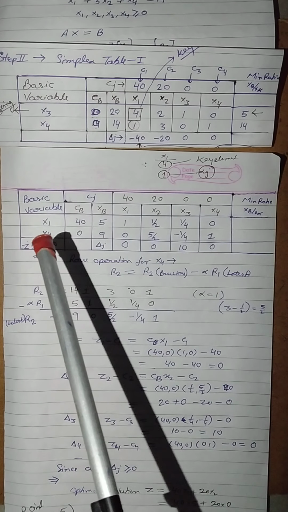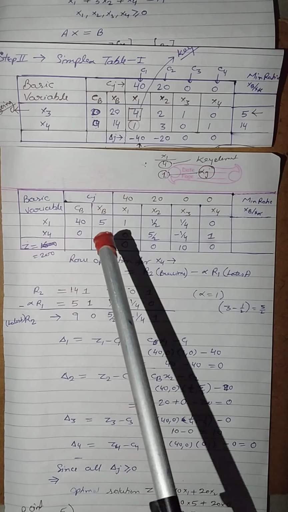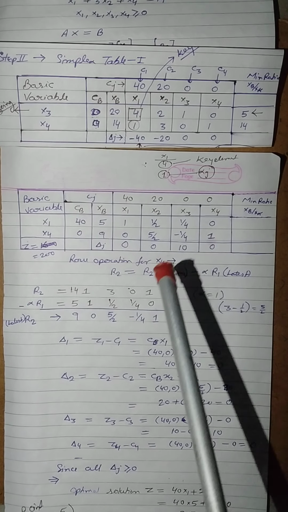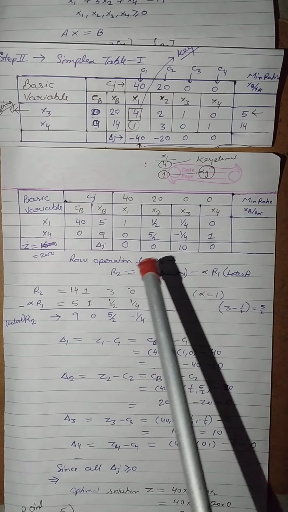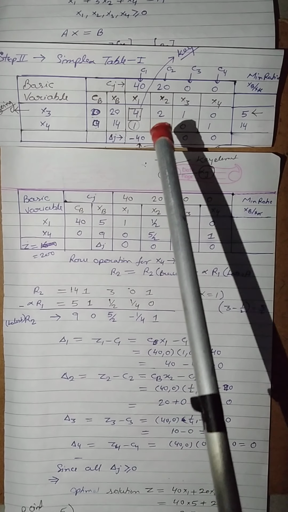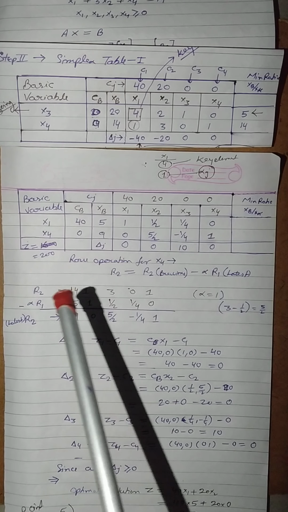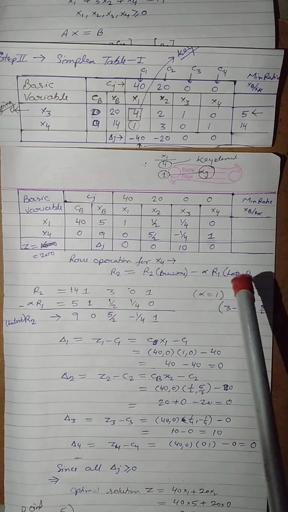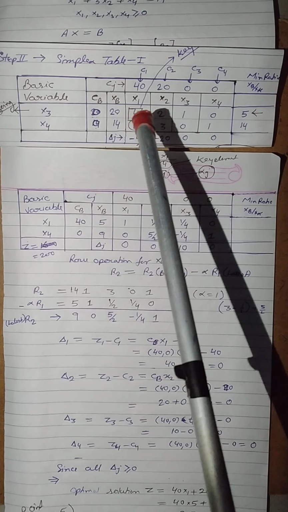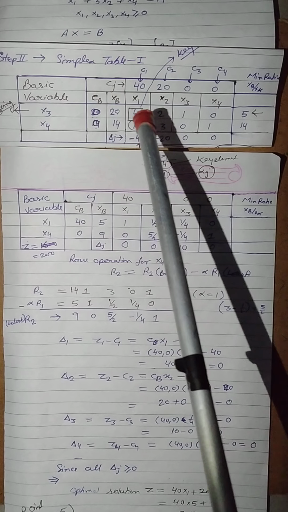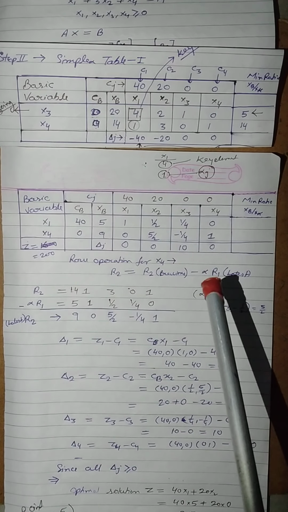For finding the row number second, cb is 0, and we use the rule R2 equals R2 previous minus alpha R1 latest, where R2 previous in table number first is 14, 1, 3, 0 and 1, and alpha is the element 1.